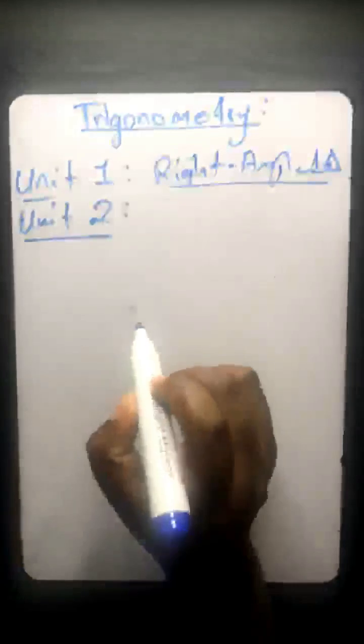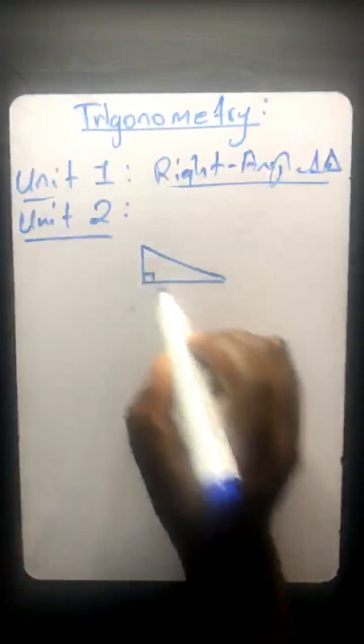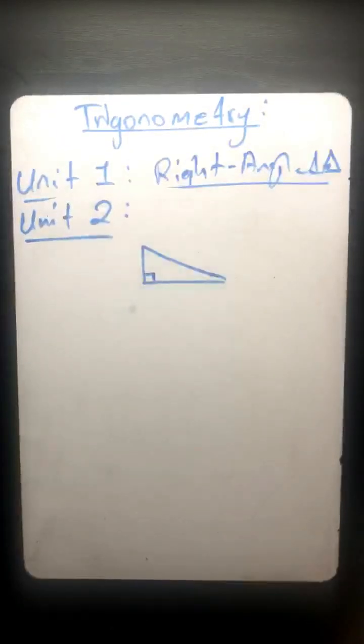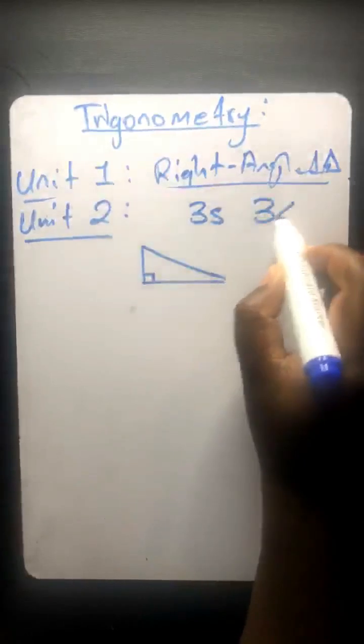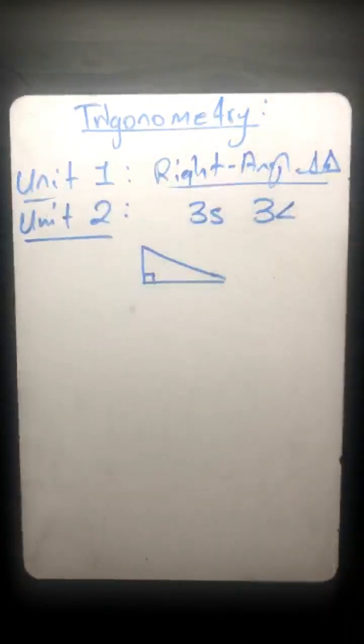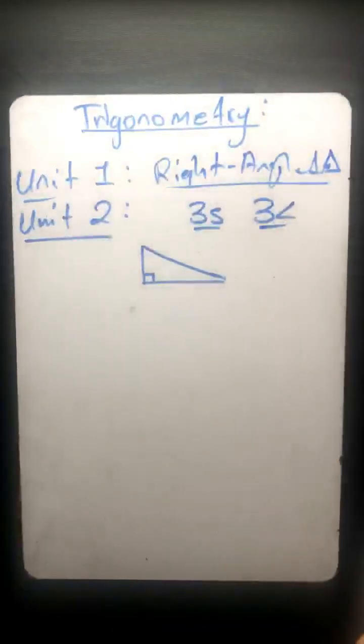If you remember, we said we are only dealing with a right angled triangle having 3 sides and 3 angles. Remember, trigonometry is the study of a triangle. We actually study the relationship between the 3 sides and the 3 angles.